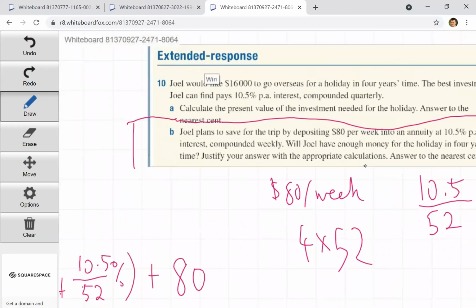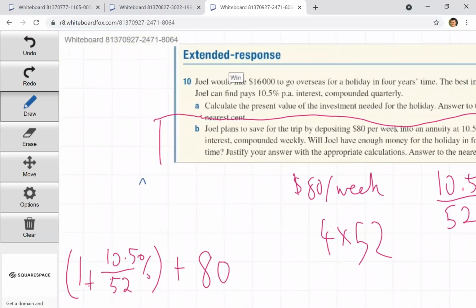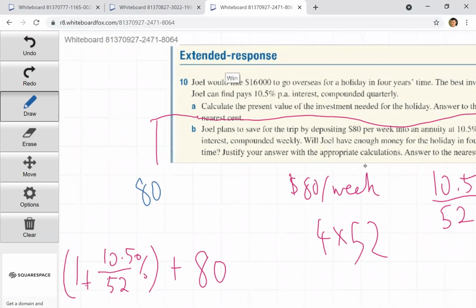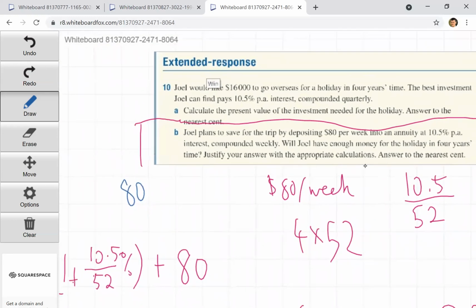Without any interest, you take $80 and you just save $80 a week for 4 years, yeah? You're going to get the 16,000. So that answers your question, doesn't it?